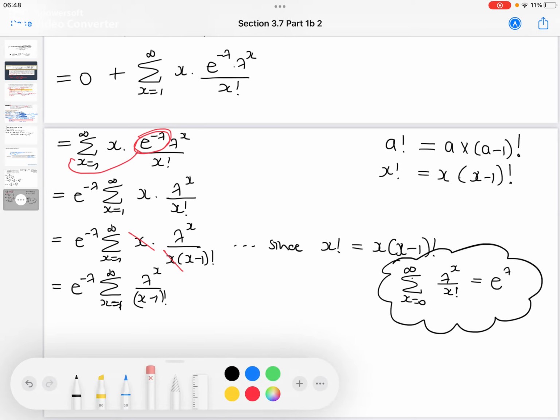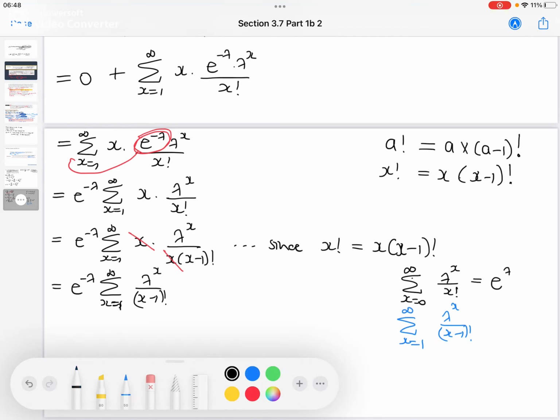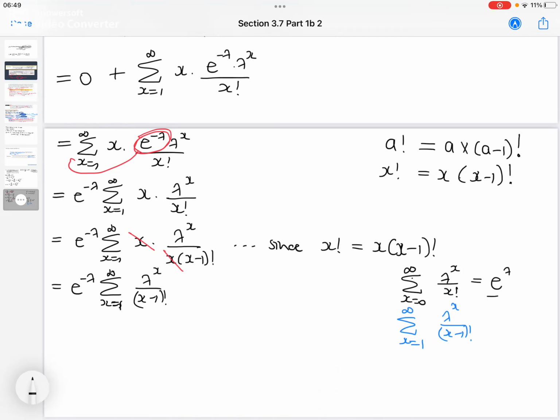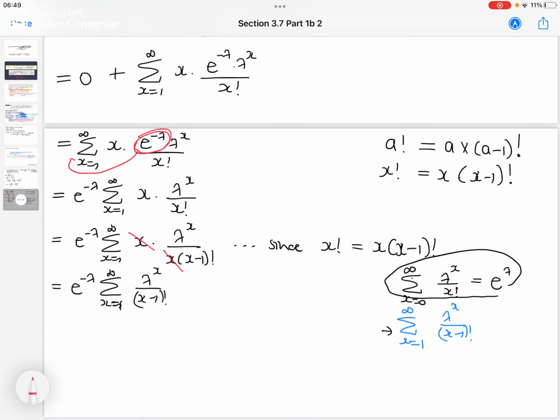So now we see that we actually have the sum of x equal to 1 to infinity of lambda^x divided by (x minus 1) factorial. Can we then use this result here? Can we just directly apply it here? No, we can't. Why not?